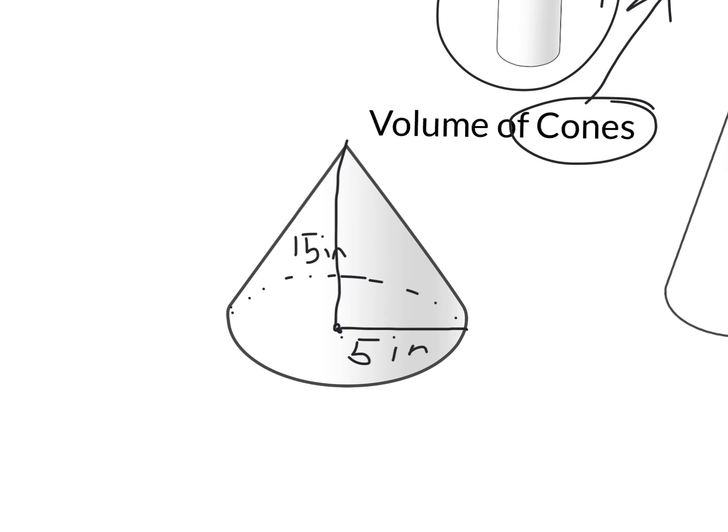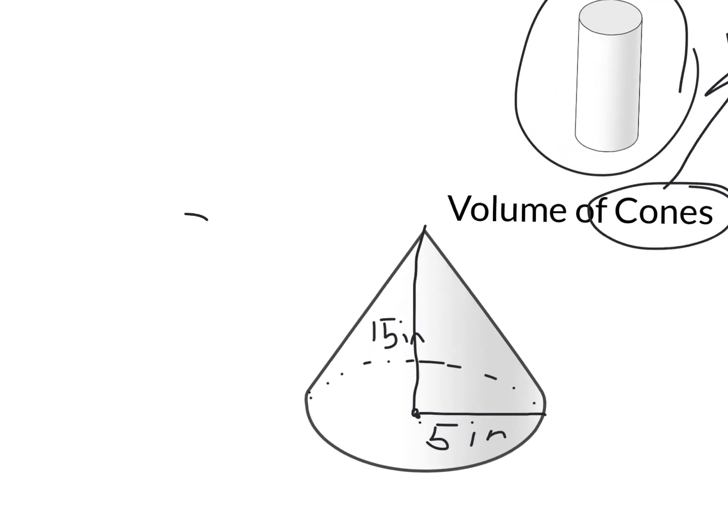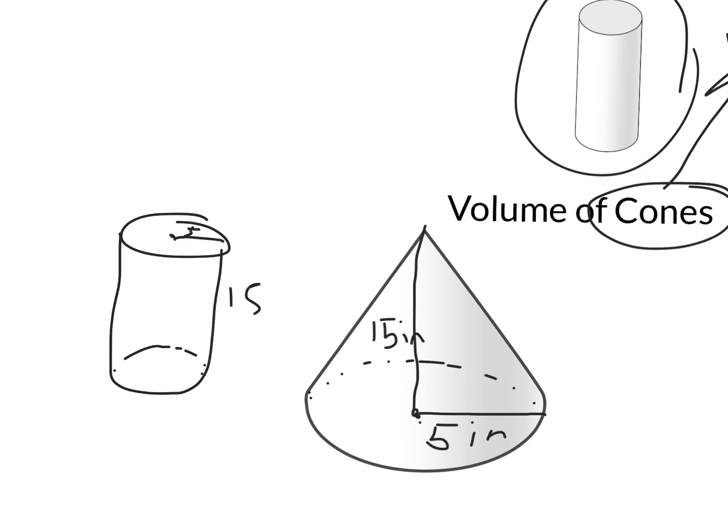If this was a cylinder like this, and it had a radius of 5 inches, and it had a height of 15 inches, we would use volume is equal to pi times the radius, which is 5, squared times the height, which is 15.